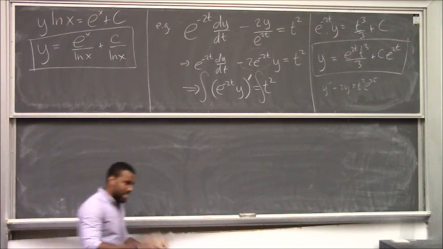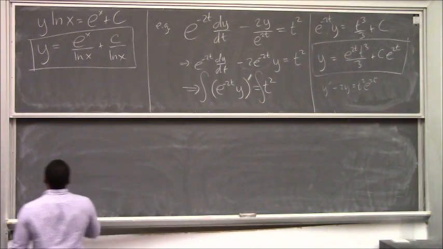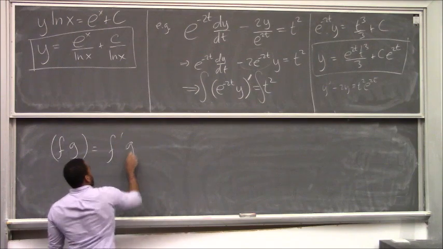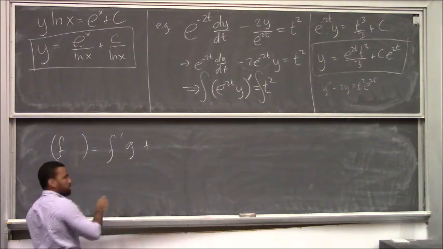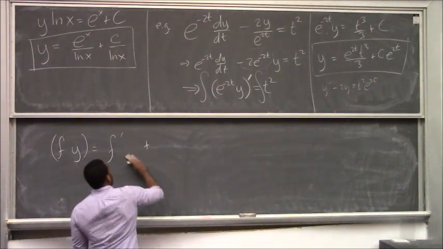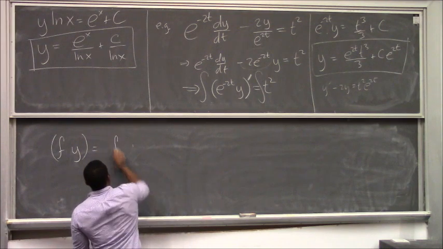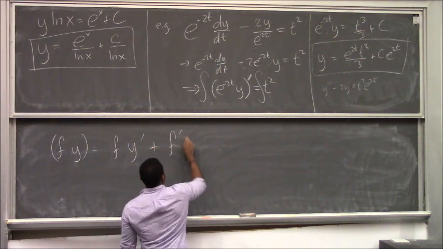Okay, let's actually look at it. What do you need for the product rule to happen? If you have f and g, this is f prime g plus, let's use f and y just to be suggestive. So it would look something like f y prime plus f prime times y.